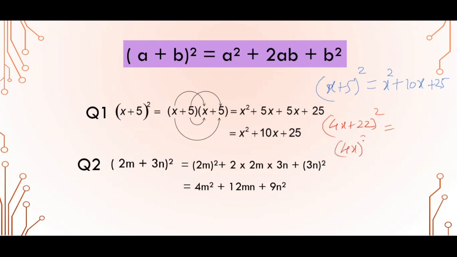Remember not to forget to put a bracket. Plus 2ab means 2. My a is 4x. My b is 2z. And plus b square means 2z the whole square, right? Now 4 square is 16. So 16x square. 2 4s are 8, 2 8s are 16. So 16xz. And 2 square is 4 and z square is z square, so 4z square.